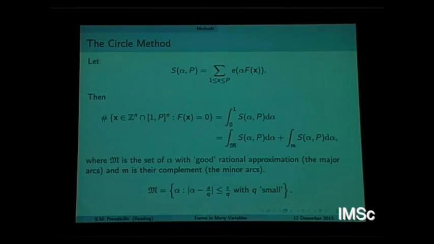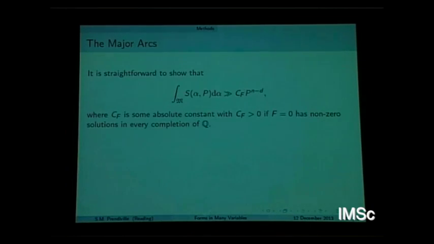Here's a hand-wavy description of the major arcs: it's the set of alpha between 0 and 1 that are close to a rational a over q, by about epsilon over q, where epsilon we're free to choose, and q is small, but I won't go into what epsilon and small should mean. It's different depending on the application of the circle method.